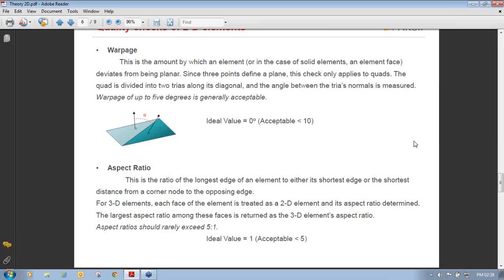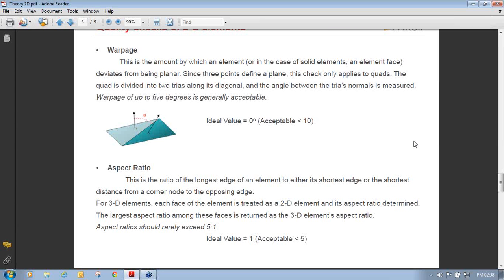Then the next check which we have to follow is aspect ratio. This is the ratio of the longest edge of the element to either its shortest edge or the shortest distance from a corner node to the opposing edge.